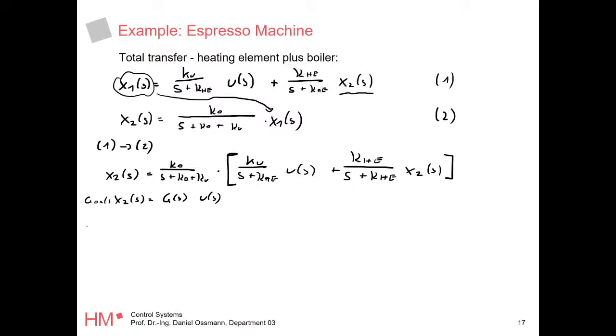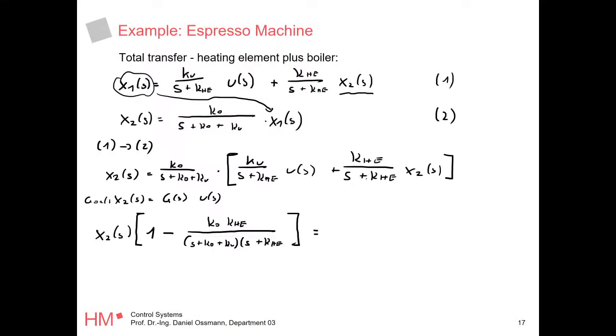Okay, let's do this. If we bring that to the other side, it's X2 of S times bracket 1. We multiply this out, it's this guy times this guy. Bring it to the other side, it's minus kappa heating element over S plus kappa O plus kappa U, times this guy here, S plus kappa heating element.